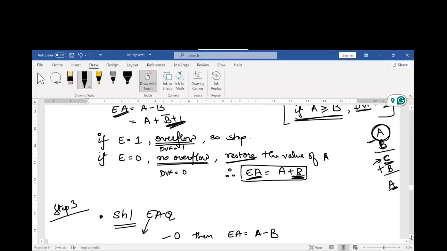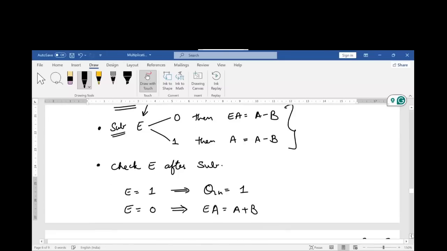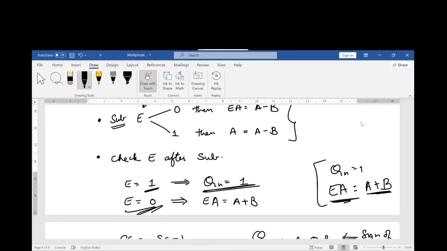So in that case, after shifting, we are performing subtraction. After subtraction, we are checking the value of E. If E is 1, put a 1 in the quotient, set Qn to 1. But if E is 0, we restore the value of A. Whatever I subtracted for checking, I will add it back and it will result in EA, so we are doing A plus B. Okay, so this is the algorithm.